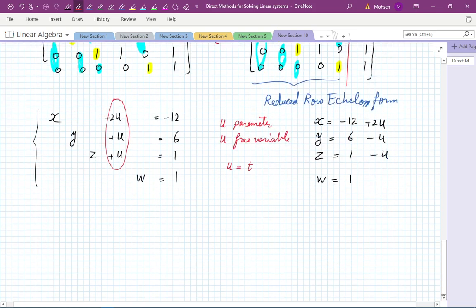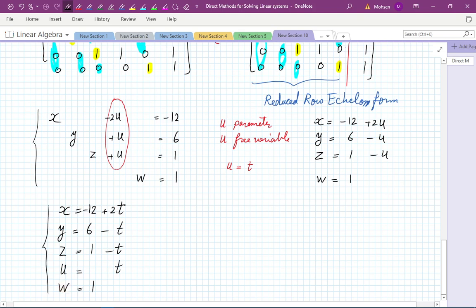So with that in mind, I go ahead and write my answer in the following style. I say x is minus 12 plus 2t. Instead of u, just to follow the book's tradition, we just write t. Y becomes 6 minus t. Z becomes 1 minus t. And now we bring u in the mix as well. Write these things in order. U becomes just t itself. This is the same thing. And w is just 1.